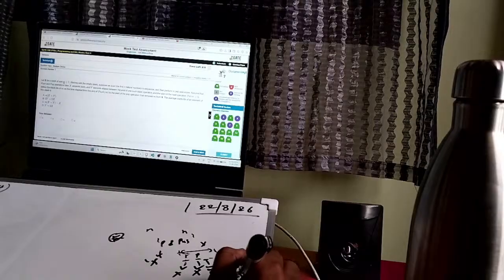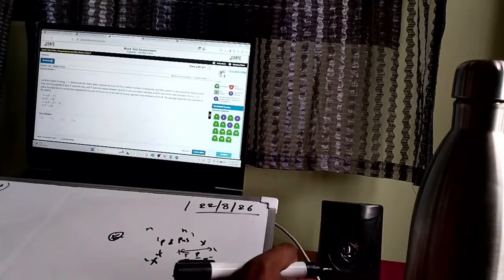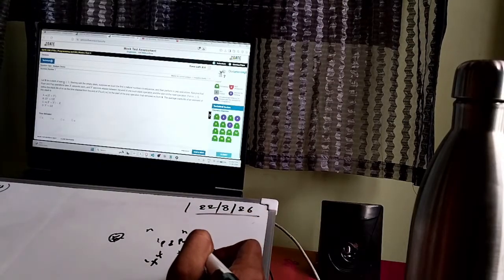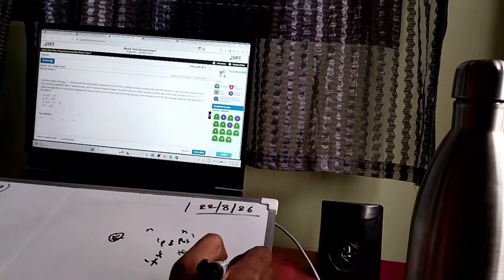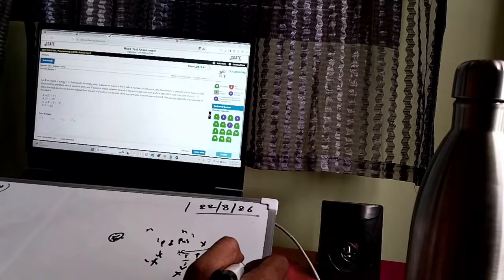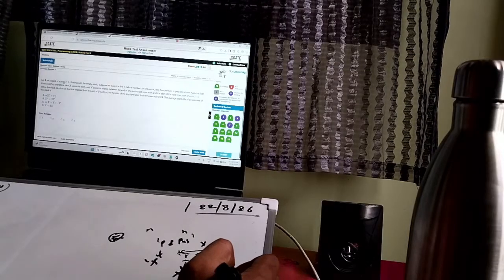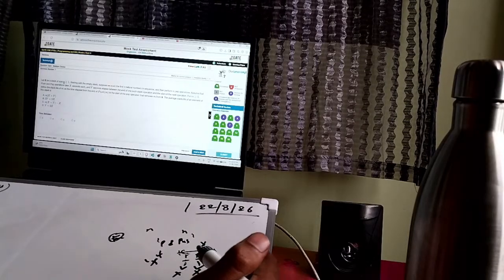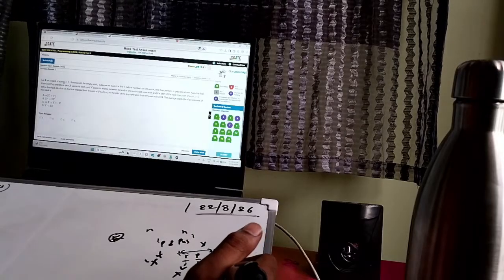So 2x plus y. How much time does it need to take? What next? The average, since we have to divide, we have to at least get 2 or 3 elements.